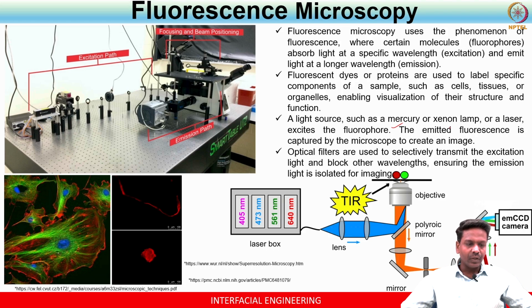This will be useful to excite the fluorescent part. Whenever the fluorescently labeled molecule or object absorbs the light, it will emit light at a different, longer wavelength. And this will be collected by the specific filter that is available in the microscope.